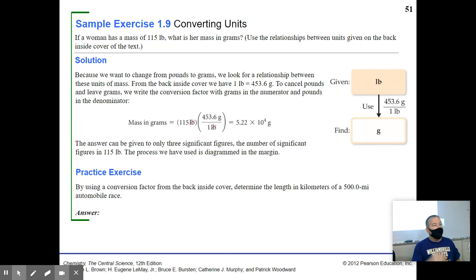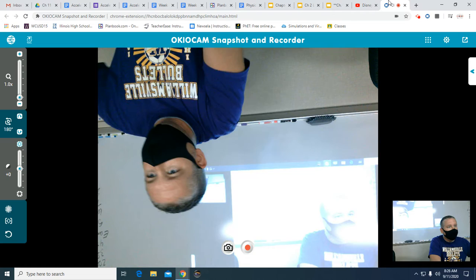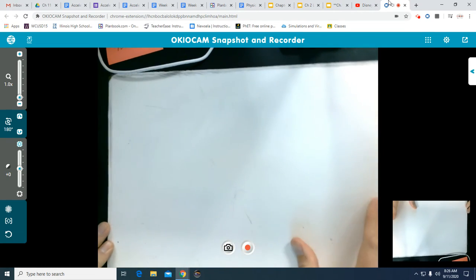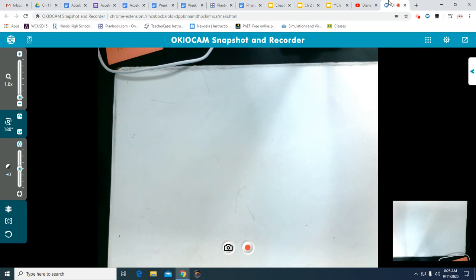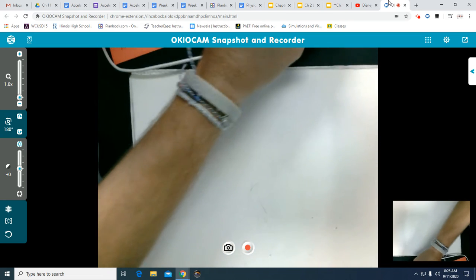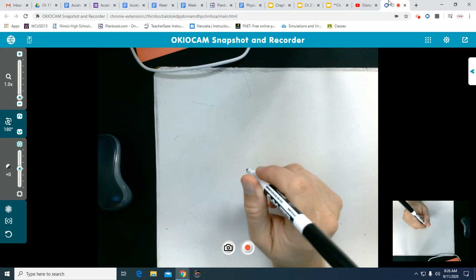Here, I'll read it up here. By using a conversion factor from the back inside cover, determine the length in kilometers of a 500.0 mile automobile race. So, what do we write first?